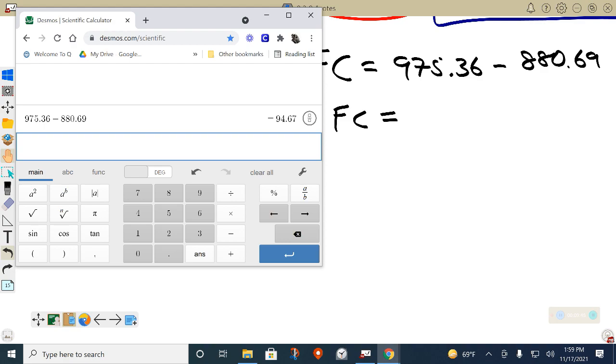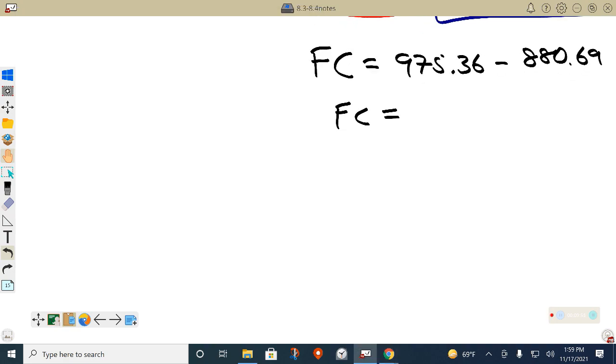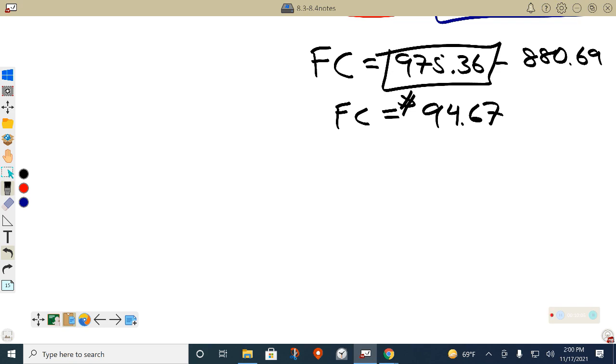So $94.67 is the finance charge. So FC means finance charge. You'll see that question on the DMT later. It's the total paid after 2 years minus what they lent him. So they made $94.67 off of Doug just for lending him the money.